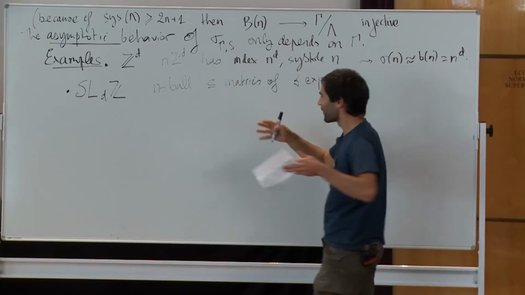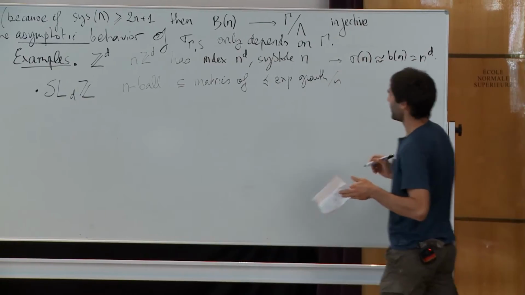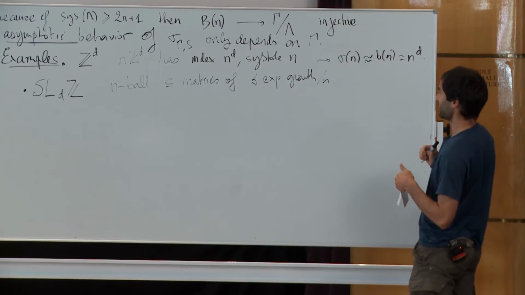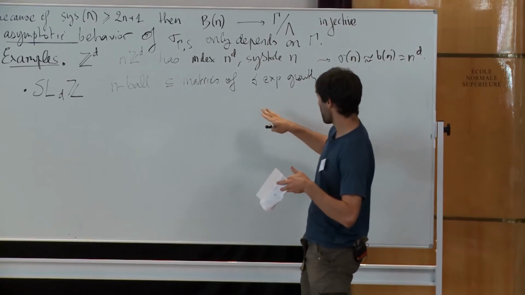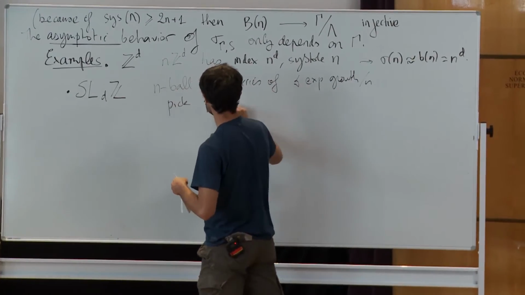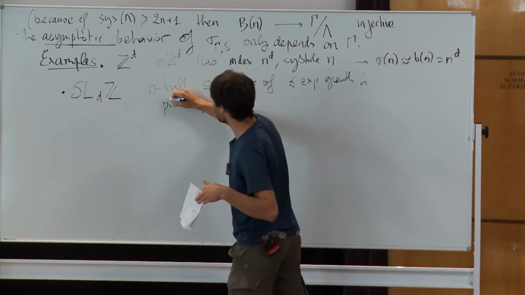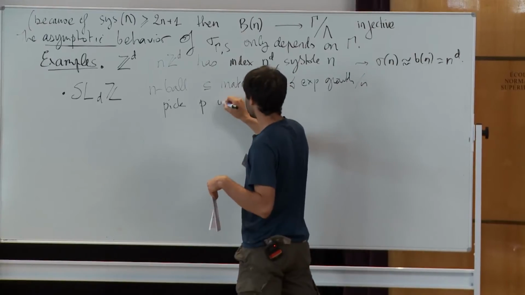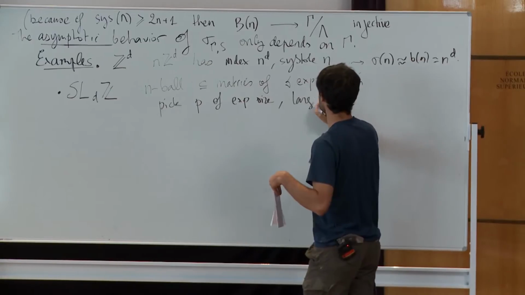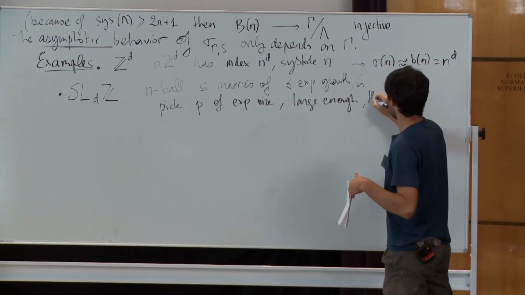So for some exponential bound, it's contained in the set of matrices with some exponential bound on n, and the number of such matrices is at most exponential. So pick P, actually I want to say prime because I like primes, to reduce modulo primes, but I don't need this, of exponential size but large enough, which means greater than the exponential bound.